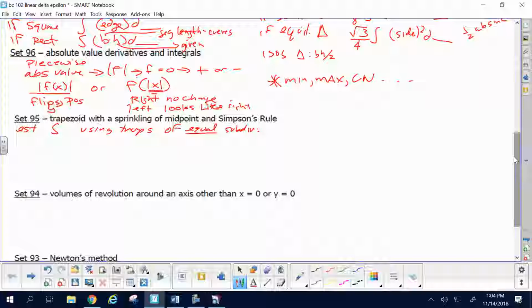What's out front? 1/2 and the delta x. Okay, so 1/2 delta x out front, and inside starts with, say we went from A to B, then what's your first y value? F at your starting value A. Okay, you start at the left end point. Then your next would be 2 f at every interior value.